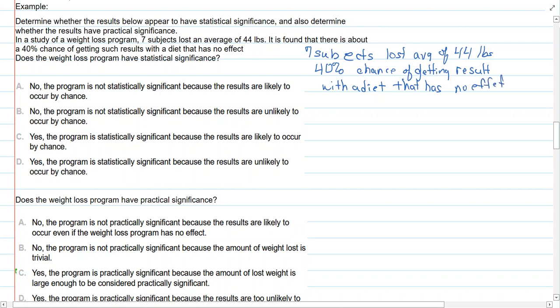Does the weight loss program have statistical significance?